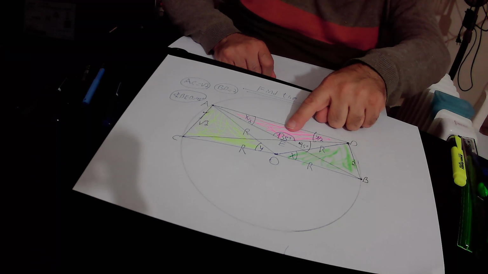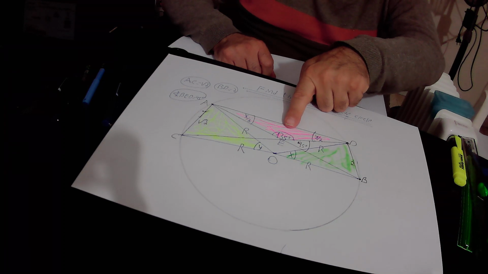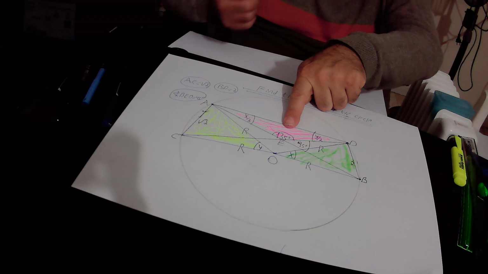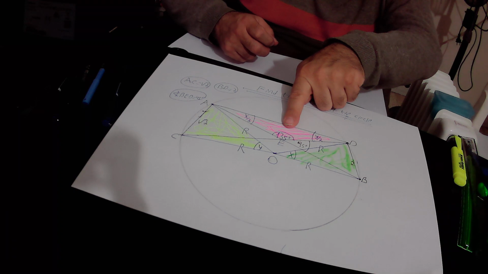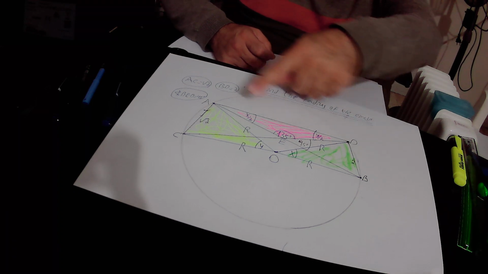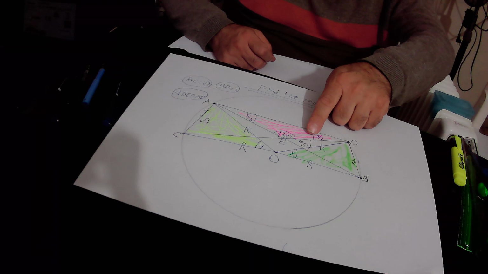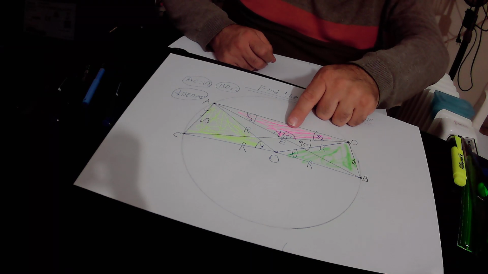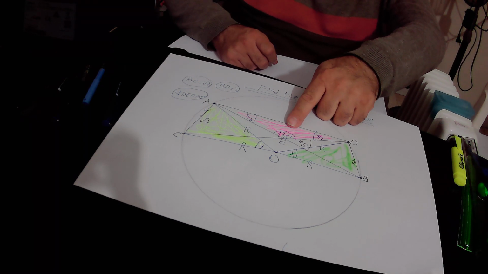Therefore, the angle DEA must be equal to 135 degrees. According to the rule that the sum of the angles on one side of a straight line is equal to 180 degrees, if we focus on the upper side of the straight line AB at point E, we have 45 degrees plus the missing angle in total equal to 180 degrees, so the missing angle must be equal to 135 degrees in size.